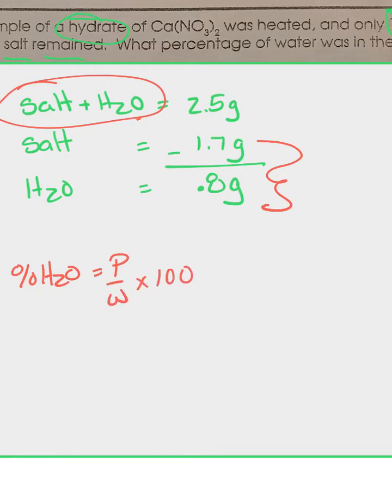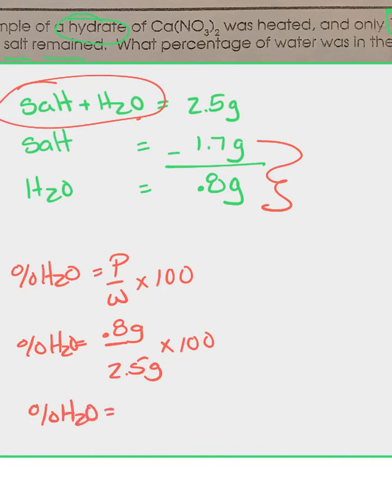The part that was water was 0.8 grams. The whole thing weighed 2.5 grams, times 100. That's going to give you your percent water. Percent water is equal to 32% H2O. Can't write that enough. Always keep your things labeled and nice and neat.